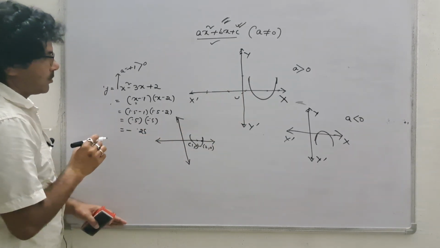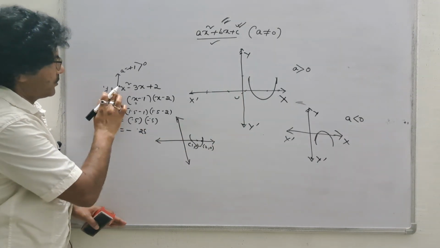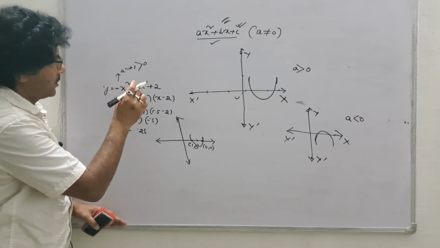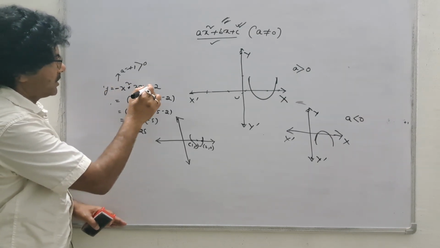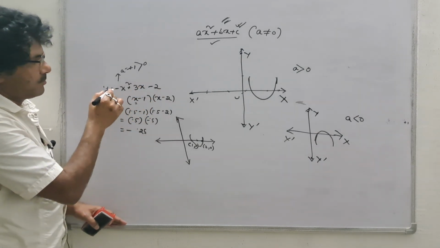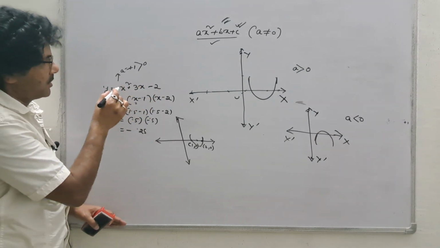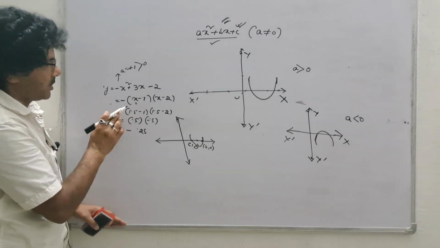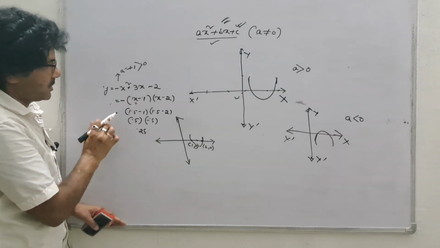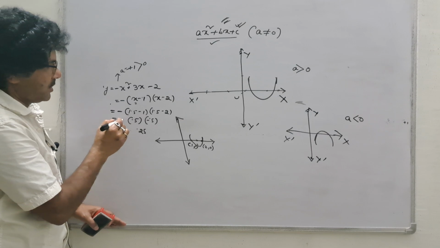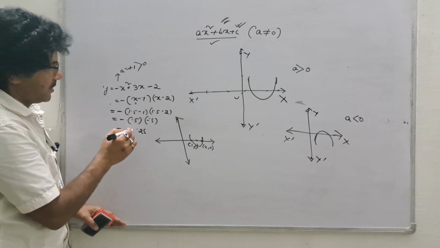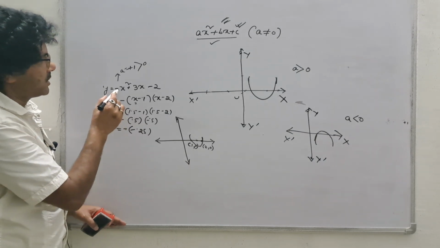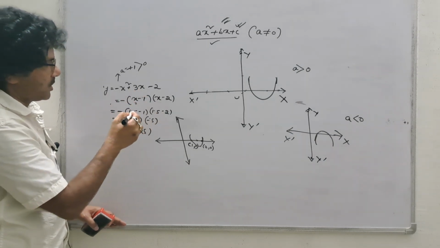Okay, now you see, if I write like this, negative x squared, that is, the a value here is negative, then what will come? If I factorize it, then we will get this one.